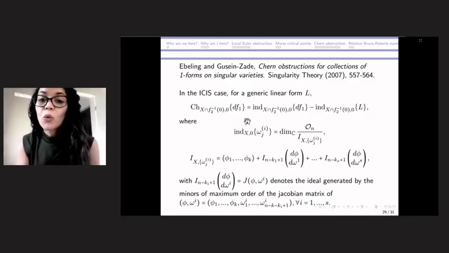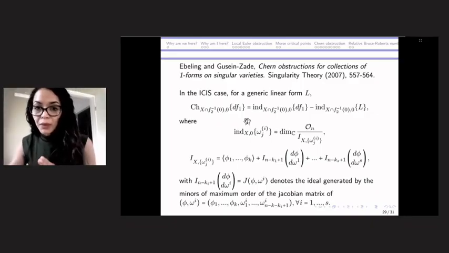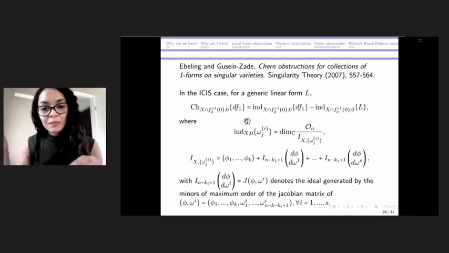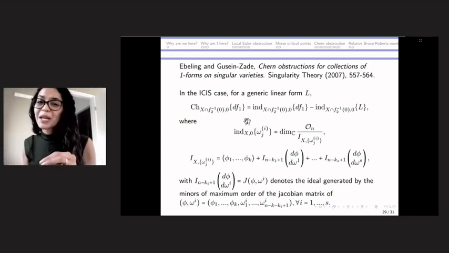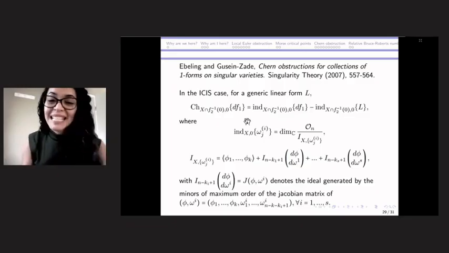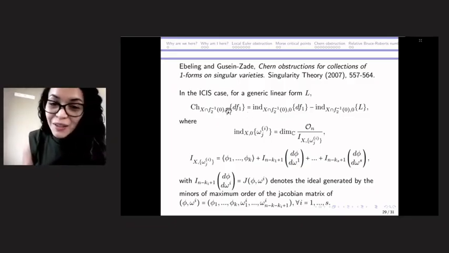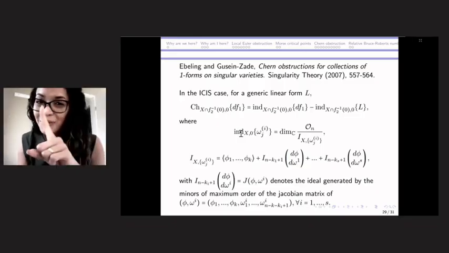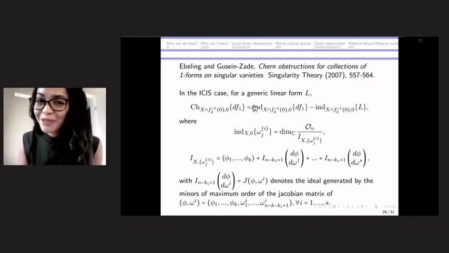So we did extend a bit what I'm showing to you. We made a small extension, but we lost a bit because instead of a collection of differential forms, we proved it for one differential form, the differential form of a function.